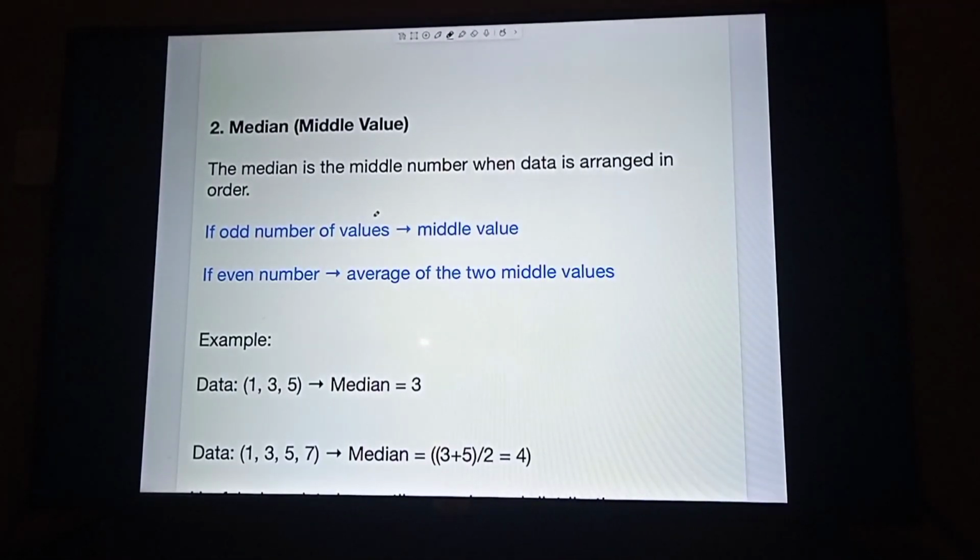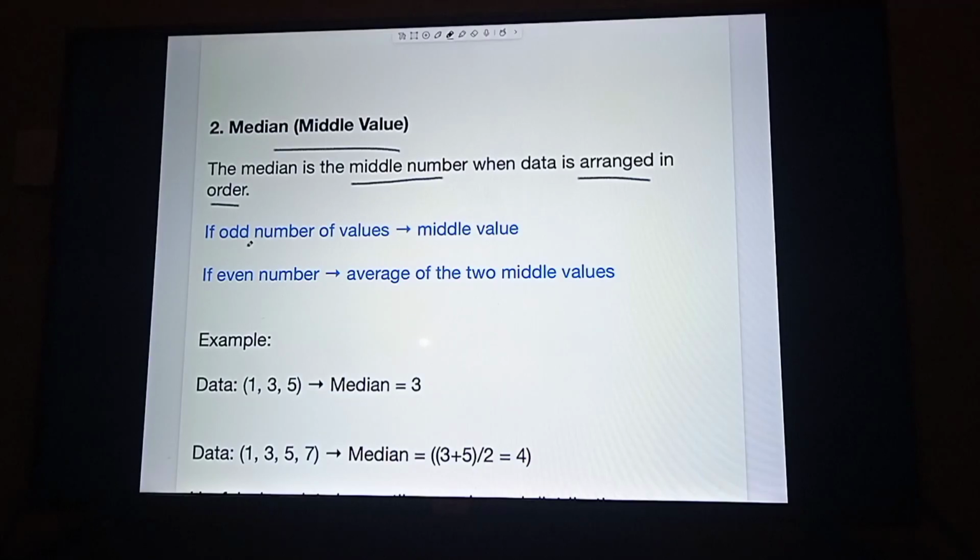The second measure of central tendency is the median. The median is the middle value because it divides the data into two equal halves: one half smaller than the median and the other half larger. You find it by arranging the data set in ascending or descending order.